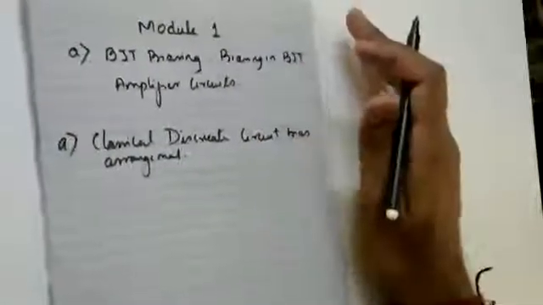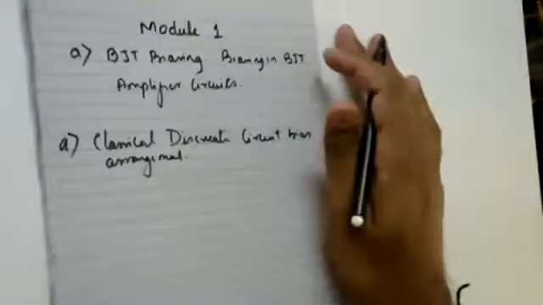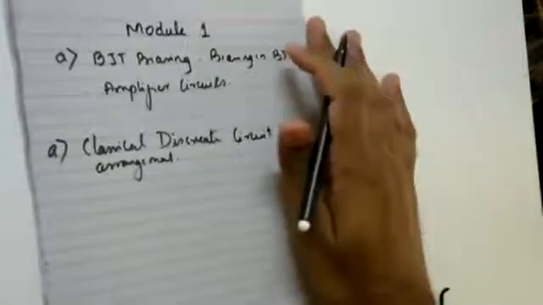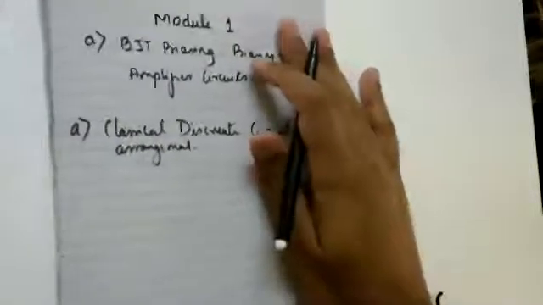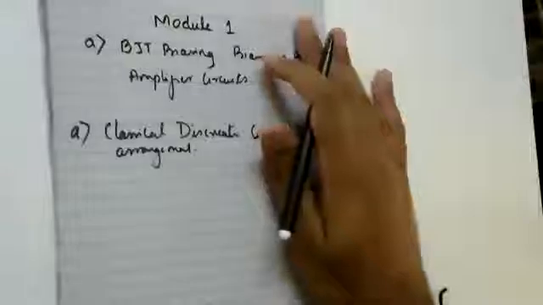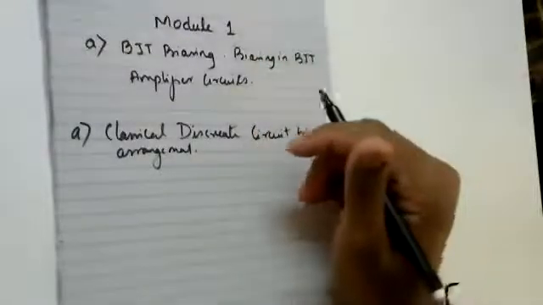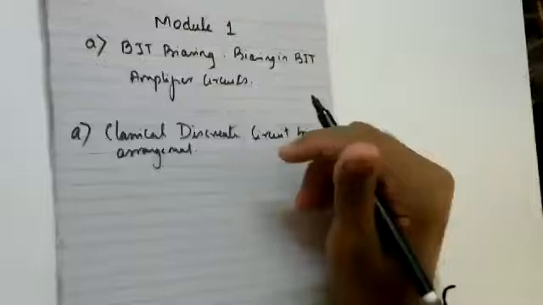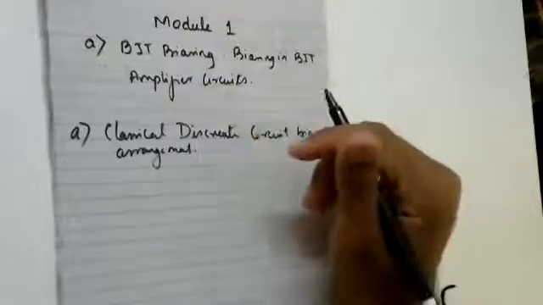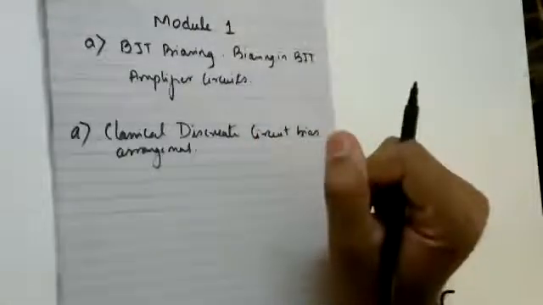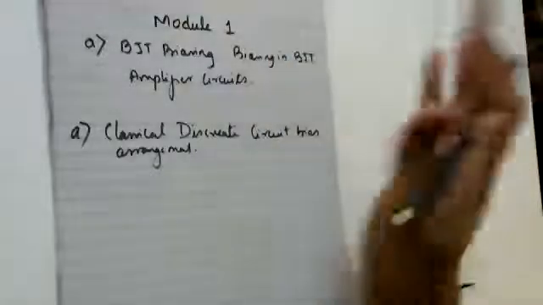Fine. So now, what is this term biasing? What does this mean? We have worked on the fundamentals of transistors, wherein we have understood many concepts: what a transistor is, how a transistor operates, then the various configurations in which a transistor operates, something called common collector, common base, common emitter.